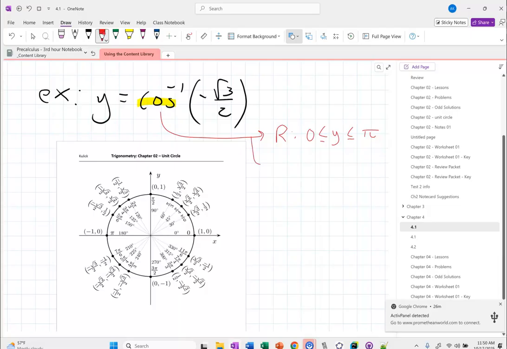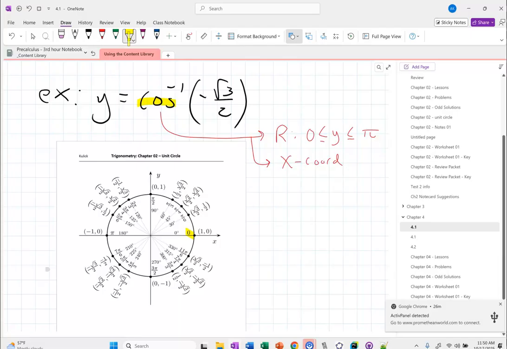And cosine is, on the unit circle, the x-coordinate. So 0 to pi is going to be rotating. I start at 0. And which direction am I going to be rotating? Clockwise or counterclockwise?